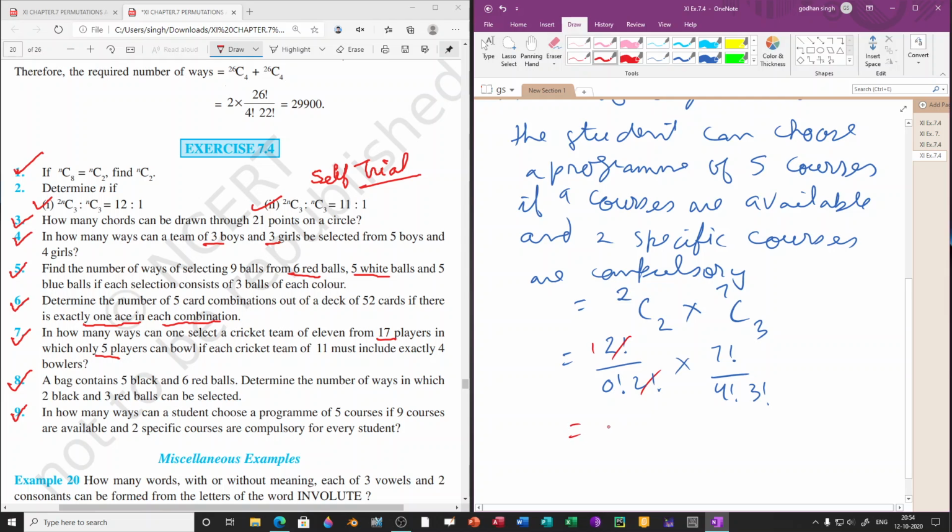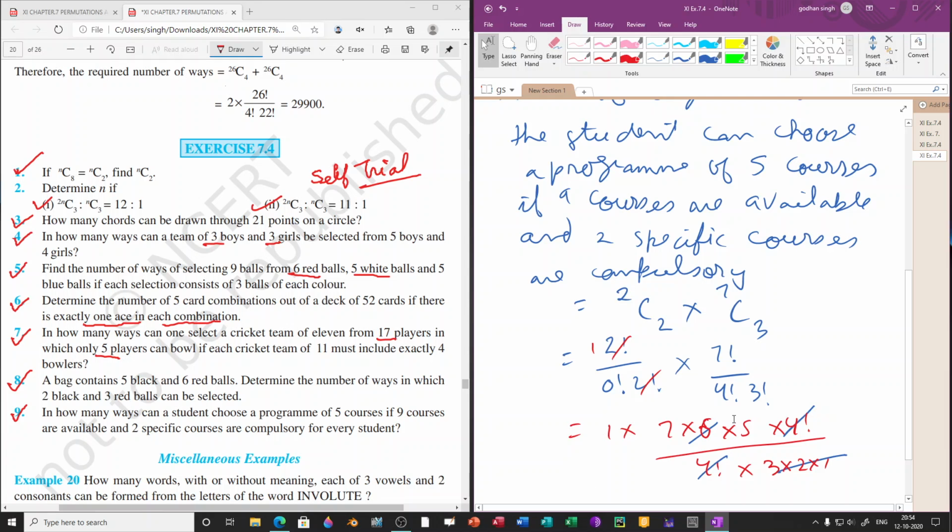So equal to 1 into 7 factorial is bigger than 4 factorial. So splitting it up, it can be written as 7 into 6 into 5 into 4 factorial over 4 factorial into 3 factorial can be written as 3 into 2 into 1. So 3 into 2 into 1 will give us 6, and this 6 can be cancelled out. 4 factorial and 4 factorial both being cancelled out.